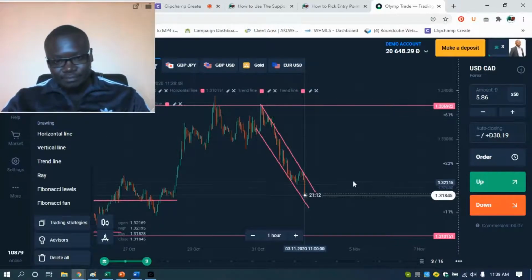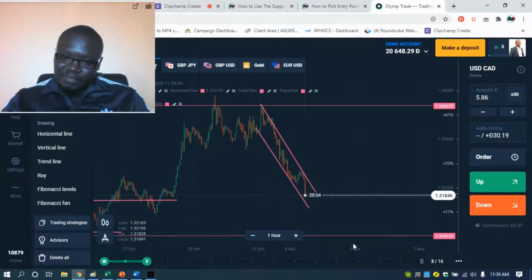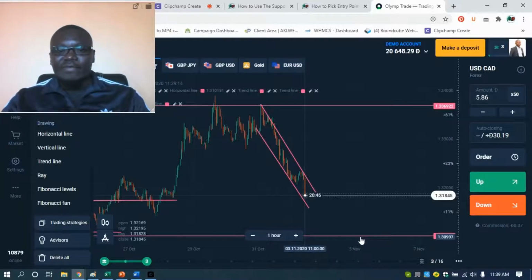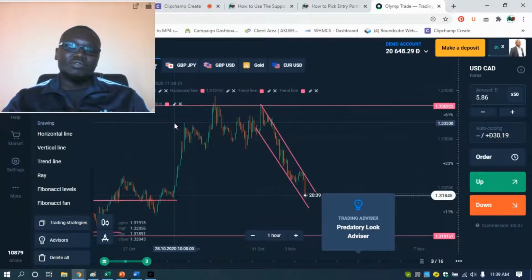But on the same note, if prices continue to rally towards this level and break out of this support level, come back, test it, and continue towards the general trend, which is the downtrend, then you expect that prices will continue moving in the downtrend direction.